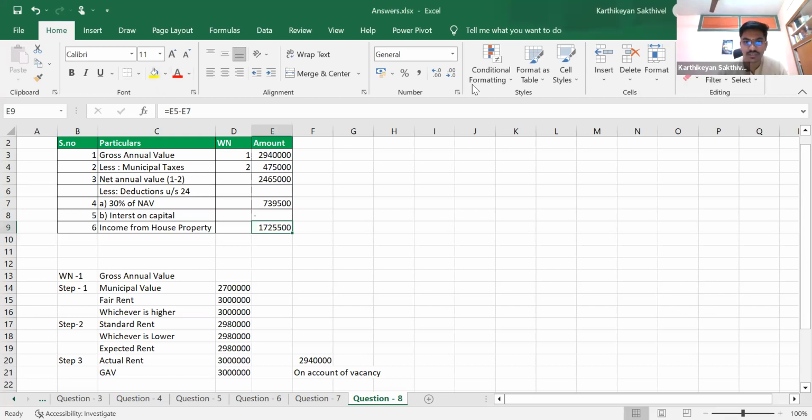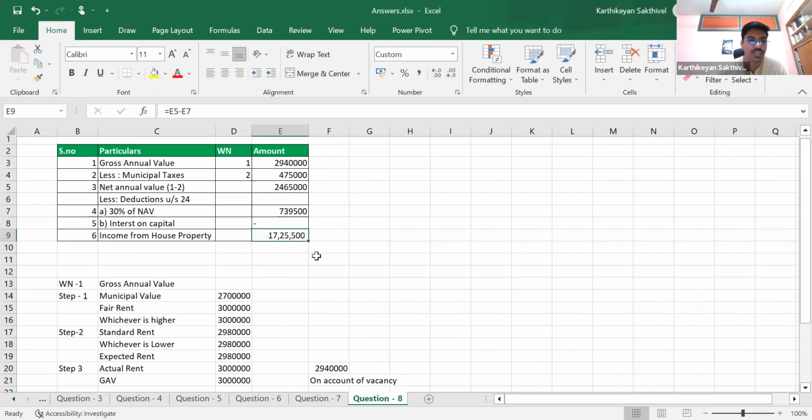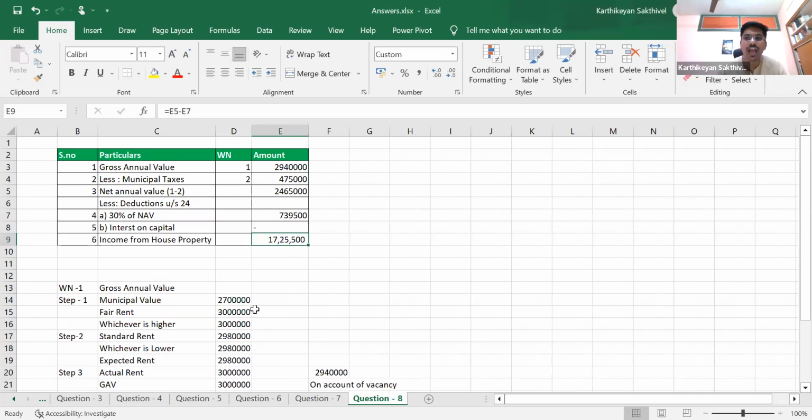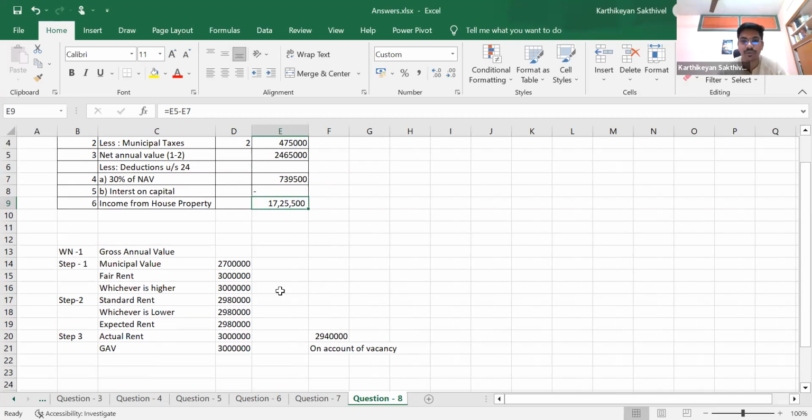Right? So this is in relation to income from house property alone. I am not getting into the next part, that is the 10 lakhs part. That is also part of the question, but I'm not getting into it now. The remaining 10 lakhs, what should be done, we'll do after the income from house property chapter, right?